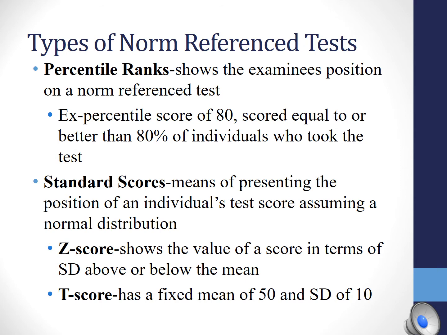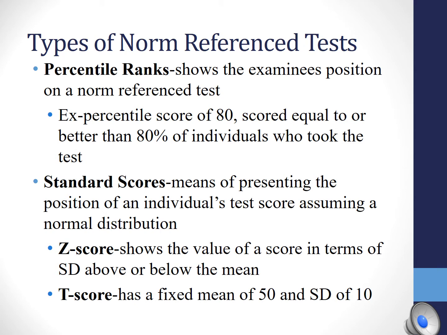Standardized scores occur by converting raw score distributions. They provide a constant normative or relative meaning, allowing for comparisons between individuals.